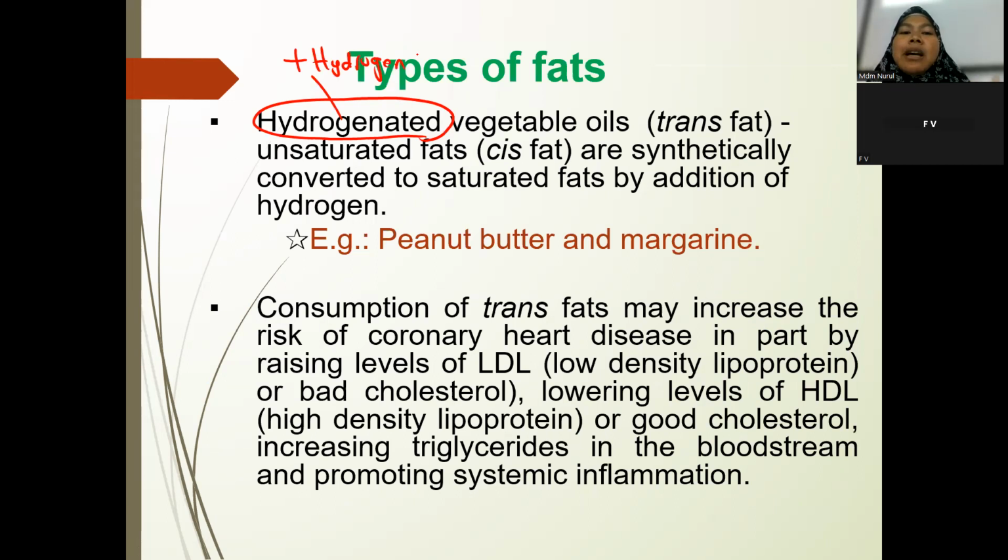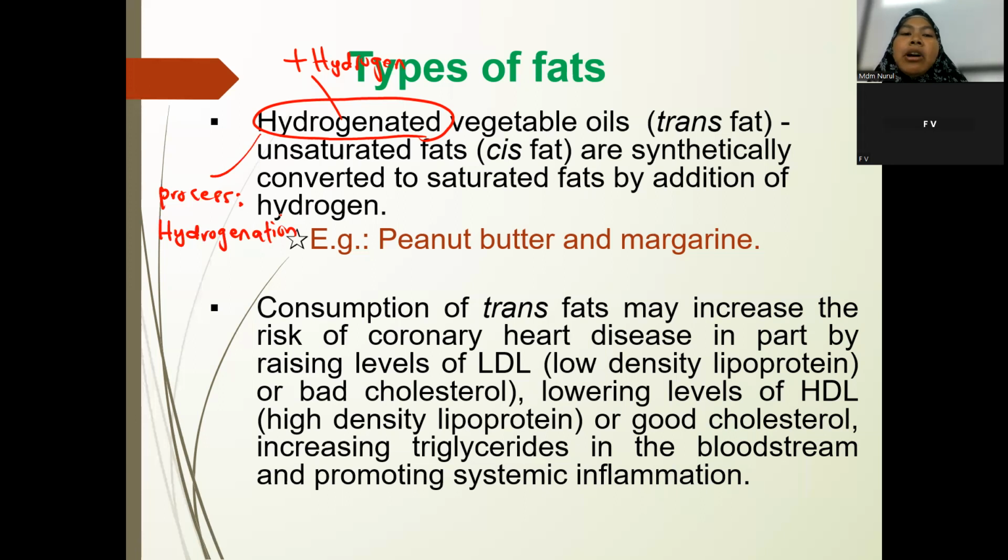Hydrogenated vegetable oil means vegetable oil that has been added with hydrogen. Proses dia kita panggil, kini salin dalam nota. The process is known as hydrogenation. Hydrogenation maksudnya apa? Proses penambahan hydrogen. Kepada siapa? Kepada vegetable oil.